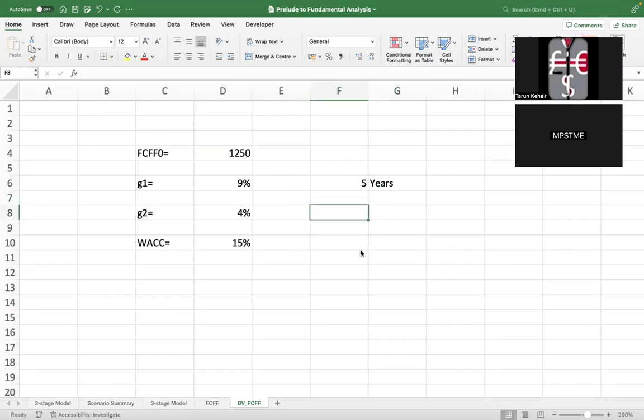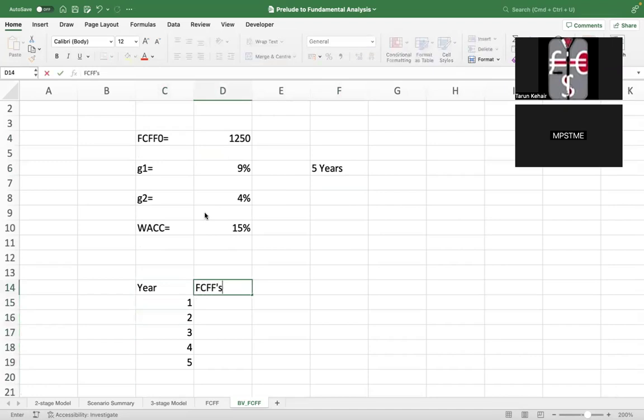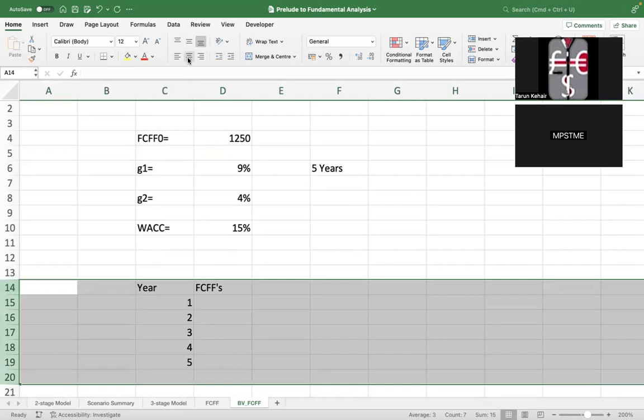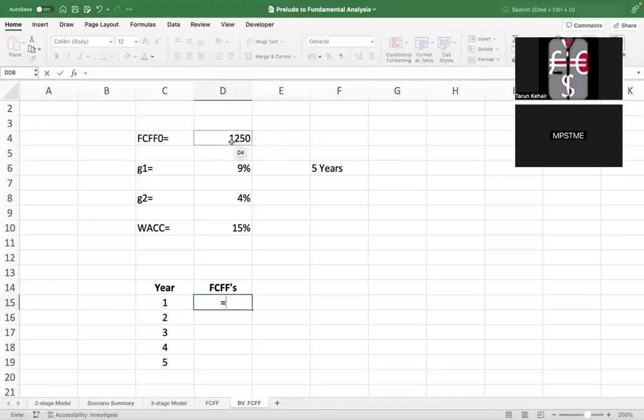Right? So what we will do now is, as I had mentioned while we were doing the pricing for a single equity share, we can first plot the number of years and the free cash flows also. So for the first year, the free cash flow will be 9% higher than the previous year.